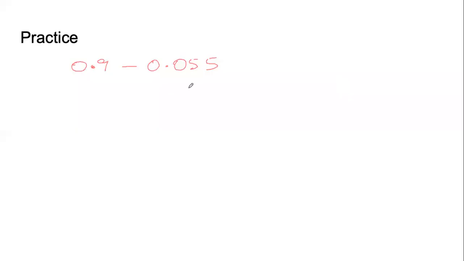Let's see how it should have been done. So writing the numbers one below the other. First of all, understand which is smaller, which is bigger. See, now both have the whole number part as 0. Now the decimal part of the number on the left hand side starts with a 9. The decimal part of the number on the right hand side starts with a 0.